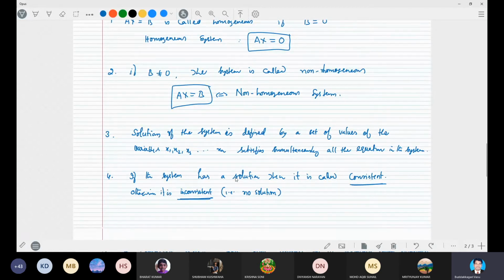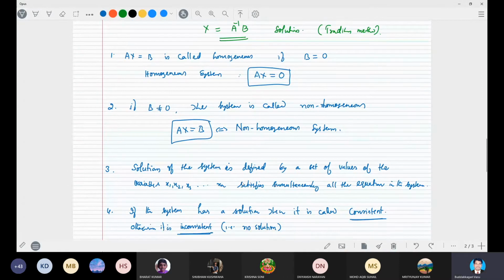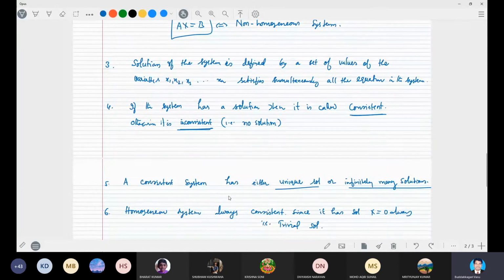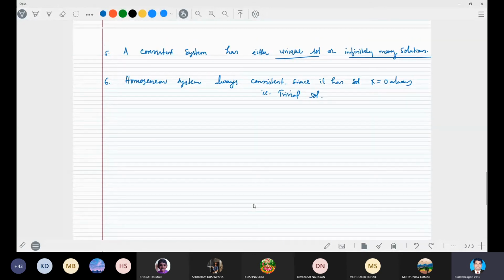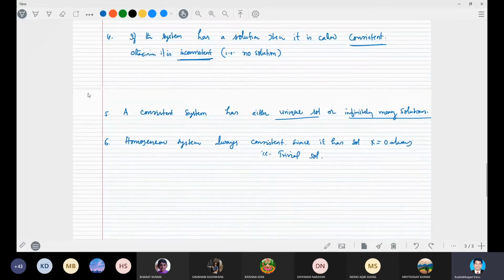Now let's go to the nature of the systems, homogeneous and non-homogeneous. Based on the consistency, we will define the nature. Before that, here is one more definition I would like to give you, called the augmented matrix.